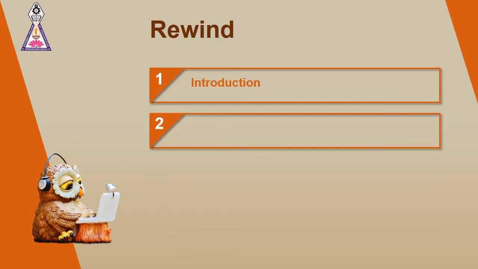In continuation with that, we considered the two categories of connecting devices, the hubs, which are operational at the physical layer, and the link layer switches, which are operational at the physical layer as well as at the data link layer.